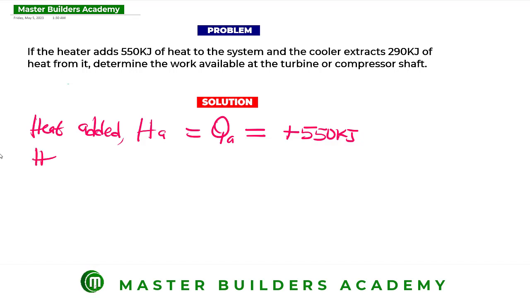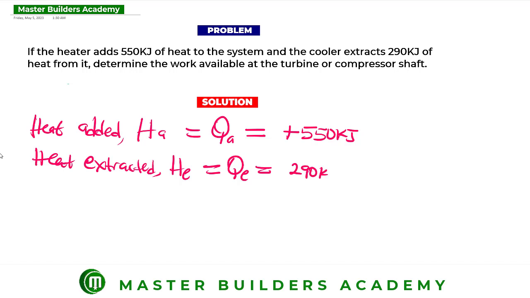Now again, we have heat extracted. Let's call this HE, or QE, and the value is 290 kilojoule. As you can see, there is nothing like work done, so we are not actually using the first law directly; we are using the summation of heat.